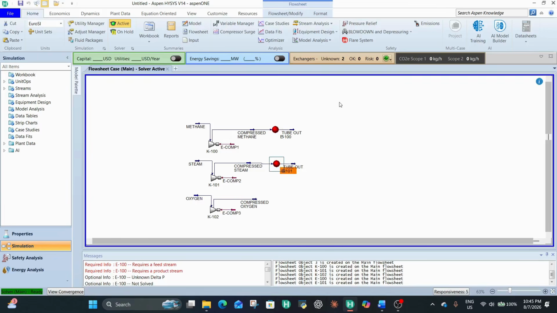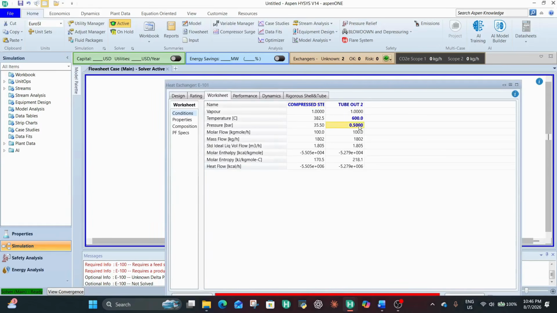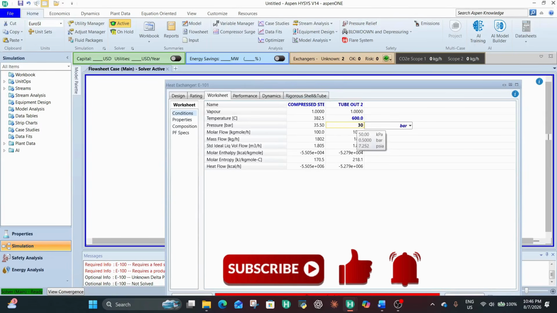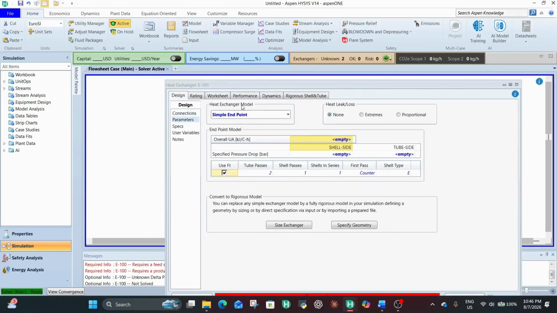I got that the other way around. This is supposed to be 30 bar. So let's just do that in the parameters. Tube side 0.5 bar.